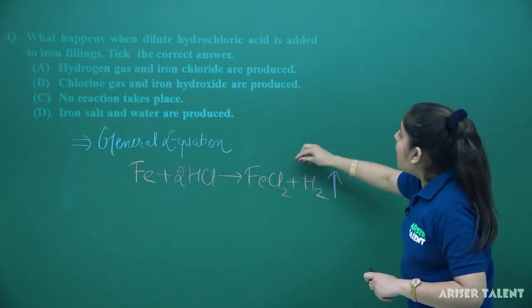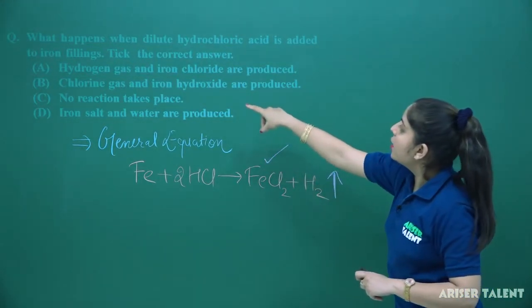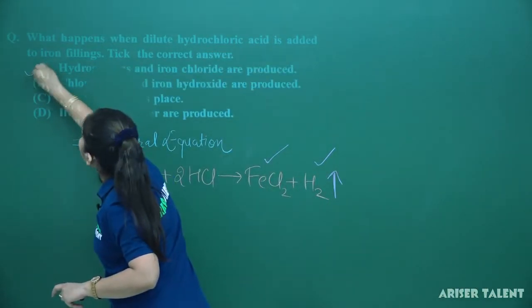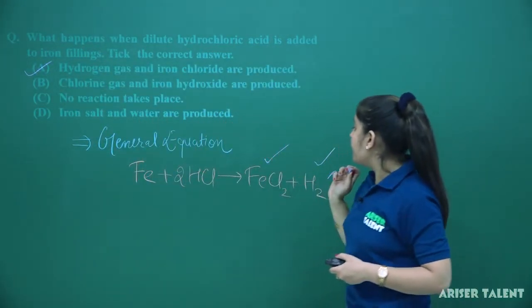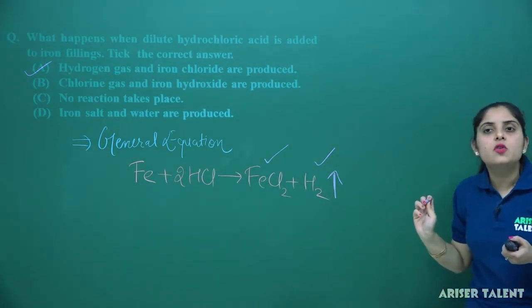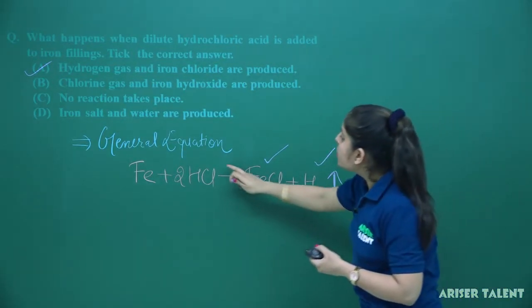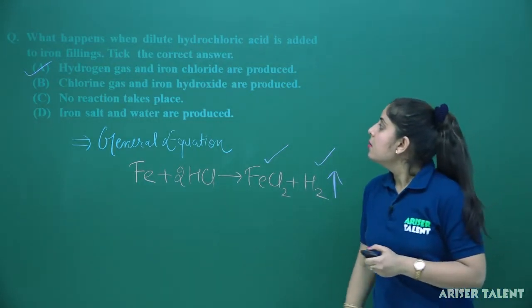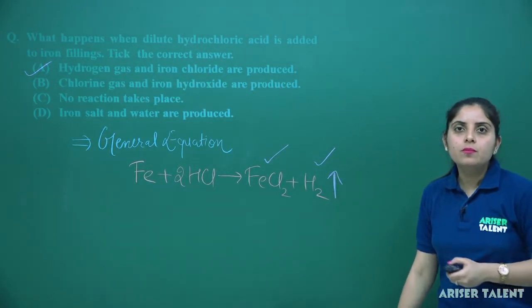So, iron chloride is produced and hydrogen gas is evolved. It means option number A will be the correct answer. This kind of equation is known as a displacement reaction, because there is a displacement of only one kind of atom or ion. I hope this is clear to you.